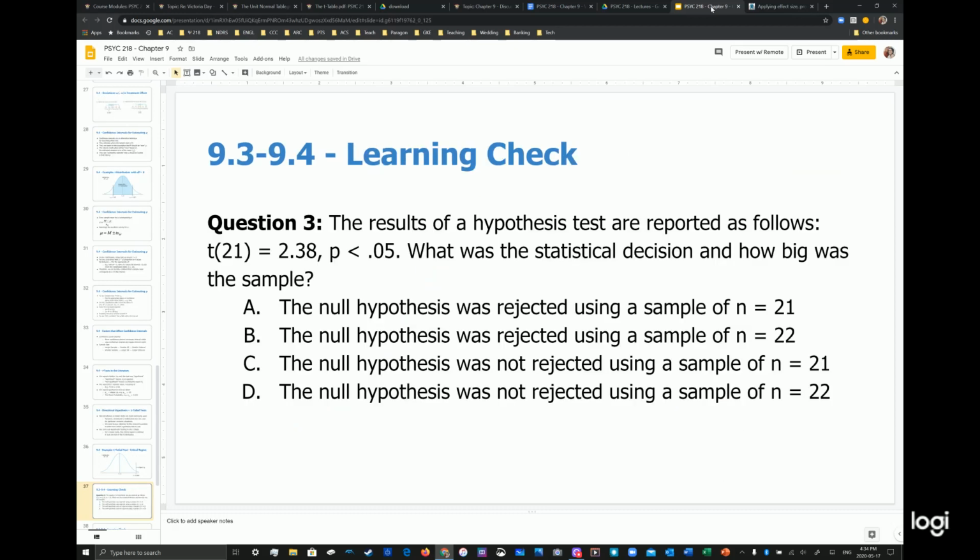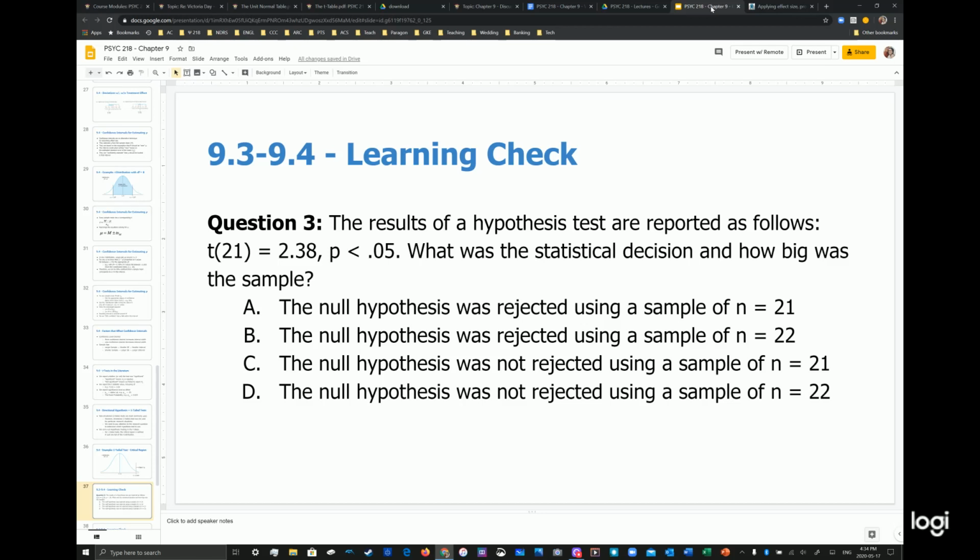So to finish off our lessons in chapter 9, let's finish off with some learning checks. Question 3. The result of a hypothesis test is reported as follows: t(21) = 2.38, and the p observed here is less than alpha, set at 5%.